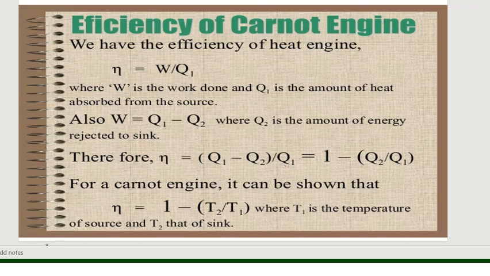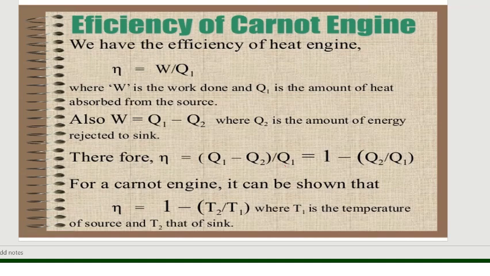This is in terms of heat; for the Carnot engine it can be written in terms of temperature as efficiency equals 1 minus T2 by T1, where T1 is the temperature of the source and T2 is the temperature of the sink.